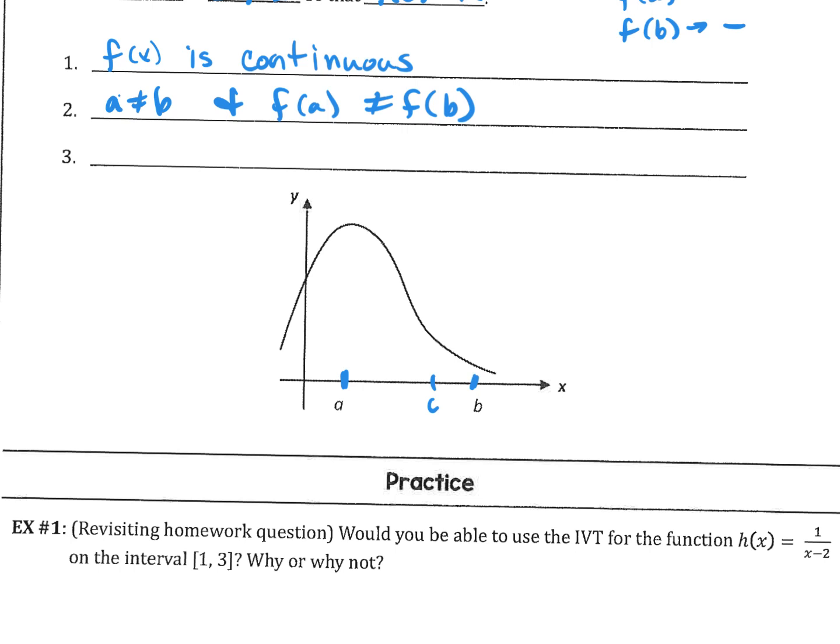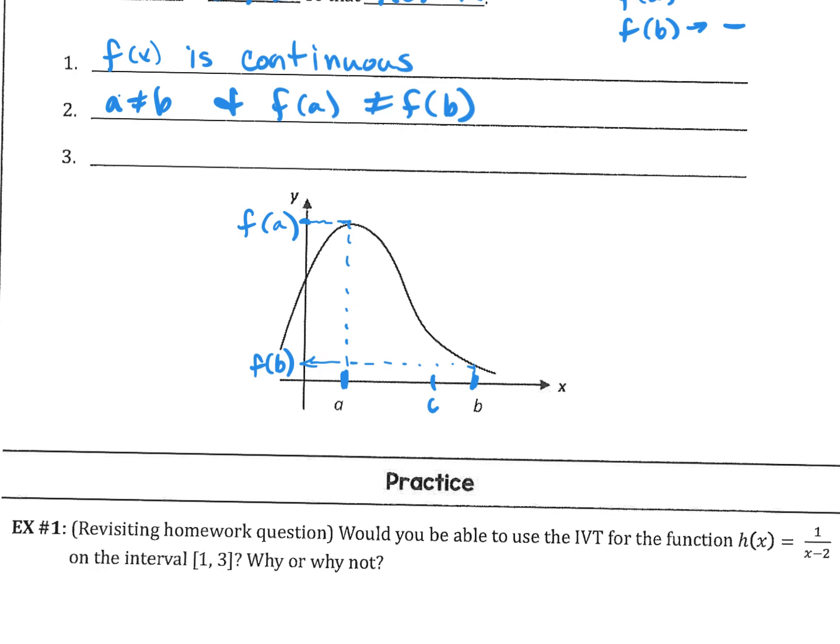In other words, if we take a and we go up, do you agree that this point right here would be f of a? Yeah? Well, f of b would then be here, wouldn't it? So if c is somewhere between a and b, then f of c has to be somewhere between those two values, doesn't it? Intermediate means middle.